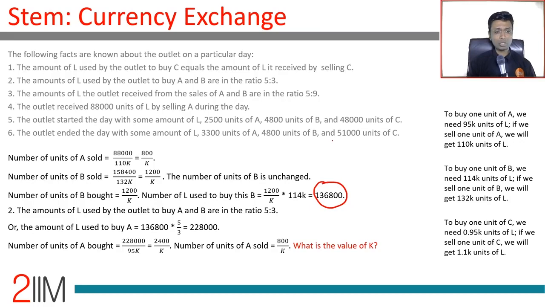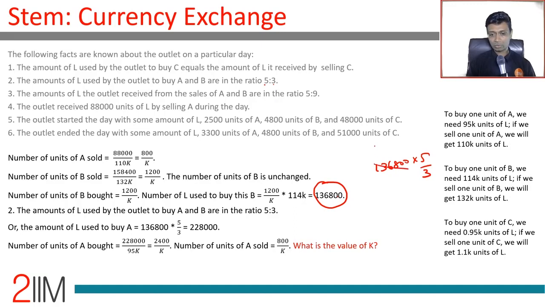The amounts of L used by the outlet to buy A and B are in the ratio 5:3. This is 3. What is 5? 136800 into 5/3. Brilliant. This many units of L are used to buy A, 136800 into 5/3. Let's divide by 3.